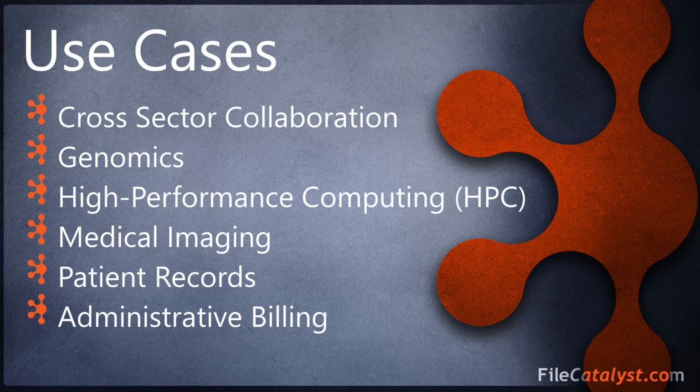To effectively collaborate and work on these various projects, organizations require the fastest transfer speeds and highest level of security. And FileCatalyst's flagship solution, FileCatalyst Direct, is capable of transferring these files at an organization's maximum bandwidth, up to 10 gigabits per second. Our customers immediately gain access to their entire bandwidth when using FileCatalyst Direct.